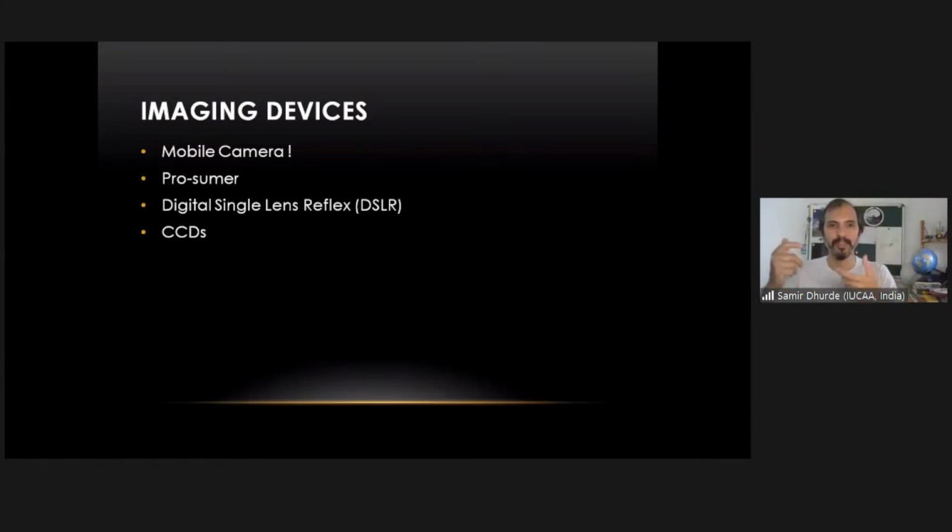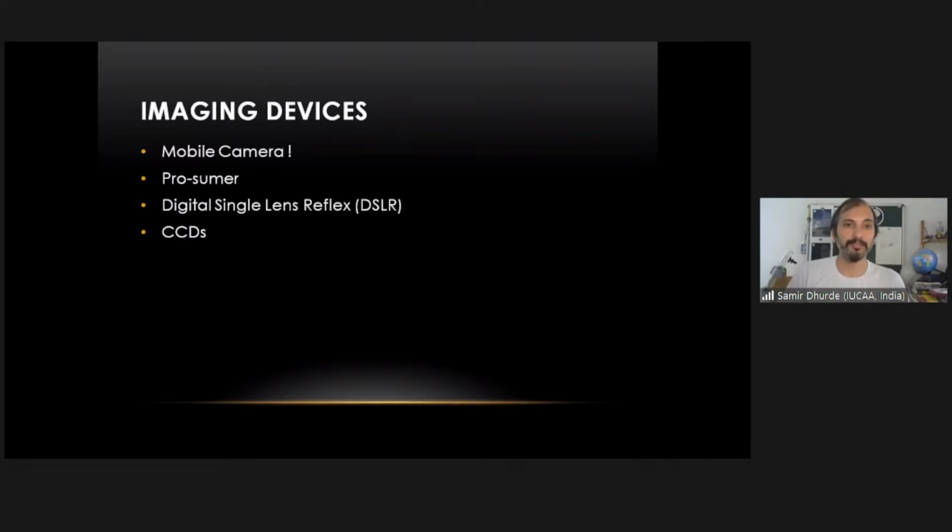So these have great zoom, great possibility of changing your aperture and your shutter speed, etc. But the lens cannot be removed. So the lens remains there, and you have to just use that lens. But still, it is possible to use these also for imaging through your telescope.